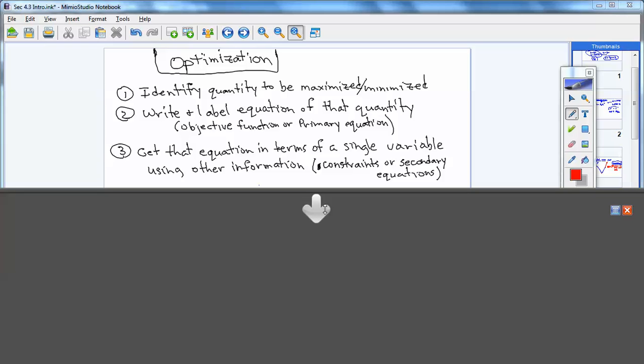So like if we were trying to maximize the area of a rectangular pen to keep our cows in, right? And we want to know what shape should we make it to get the max area. Well, we might have a constraint in there that we only have 100 feet of fence. We have 100 feet of fence available. So what should we do to make the max area, right?